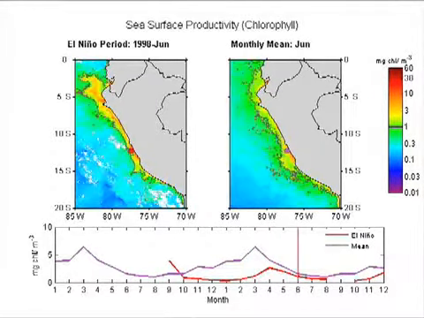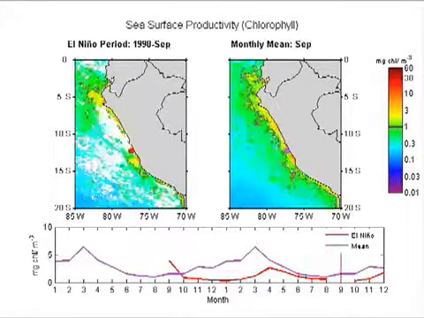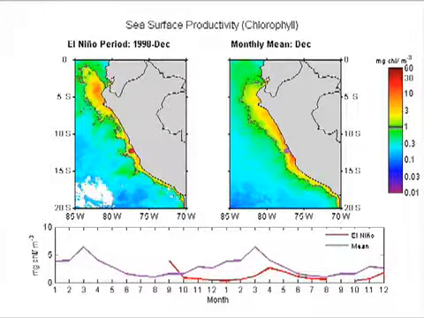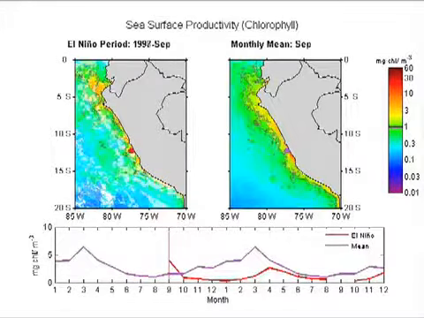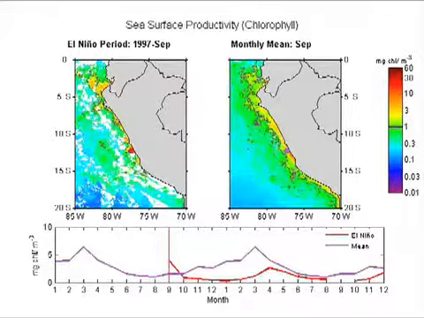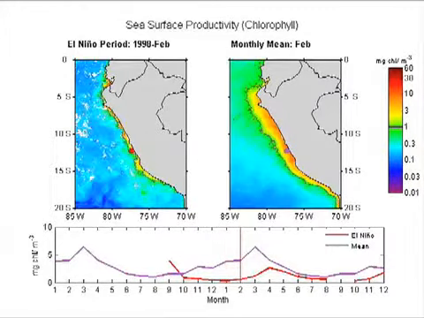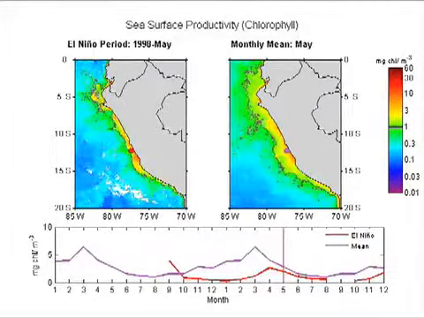The right map shows average phytoplankton concentrations during a non-El Niño period. The bottom panel describes monthly phytoplankton concentrations offshore of Lima. The red line is from an El Niño period, and the purple line is from a non-El Niño period. You can see the phytoplankton concentration is lower during the El Niño period.